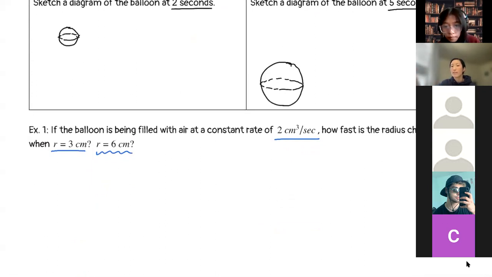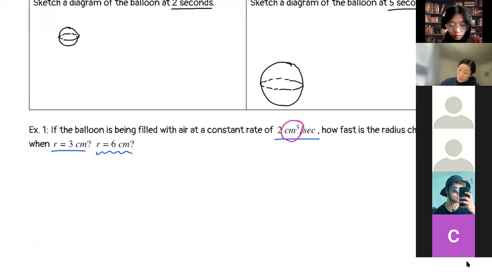What do we think this is telling us about the radius, the surface area, or the volume? The volume. Excellent. Look at that. This centimeters cubed is making us think volume.